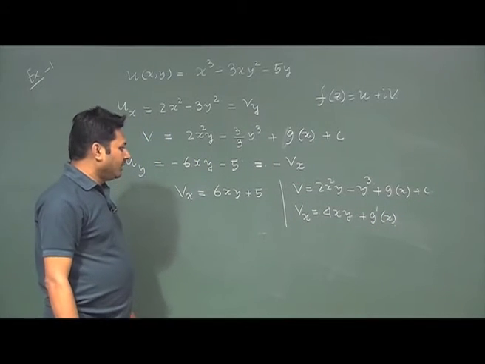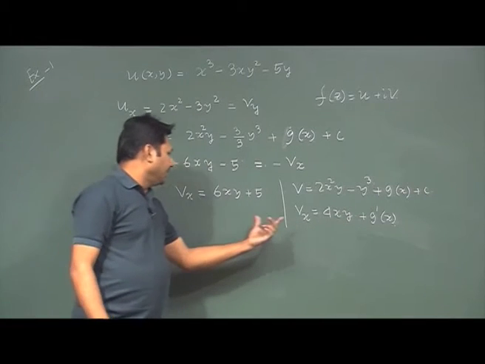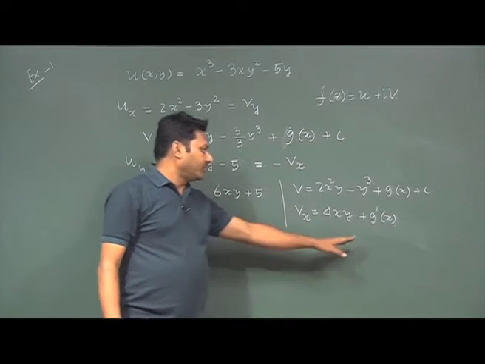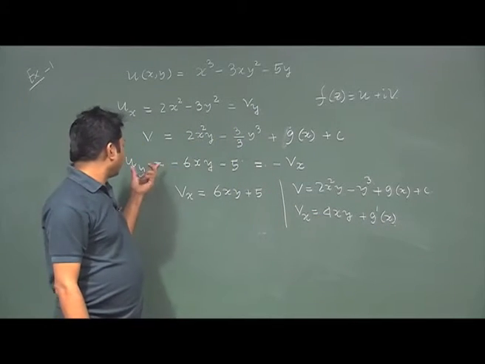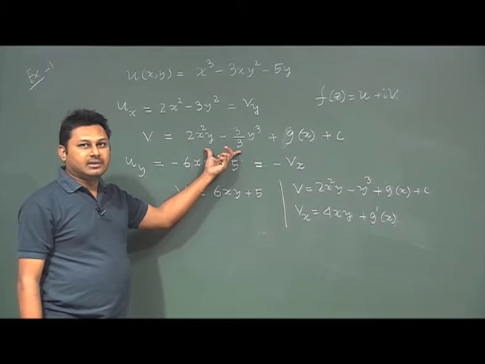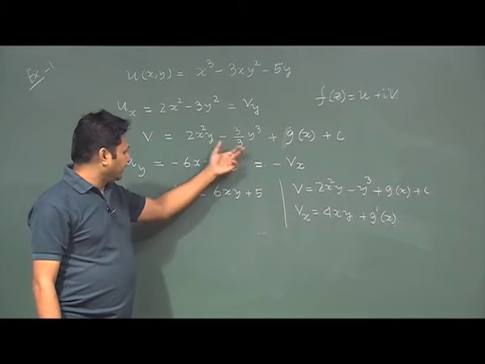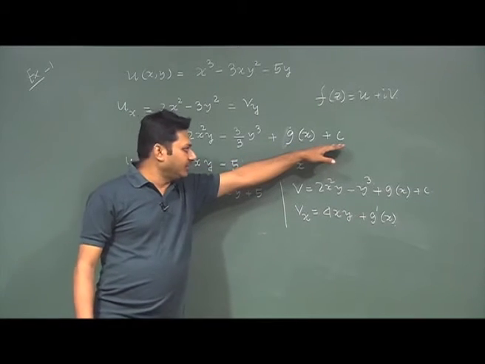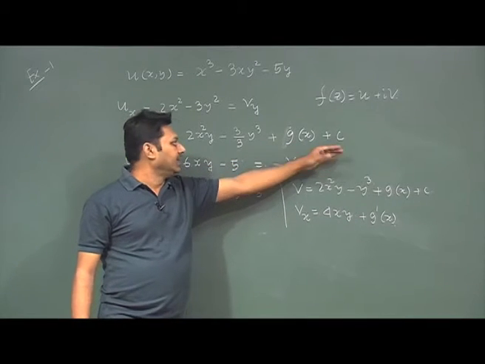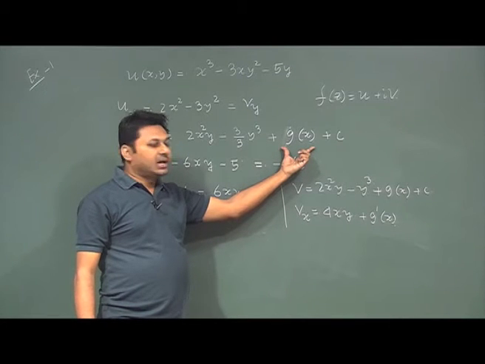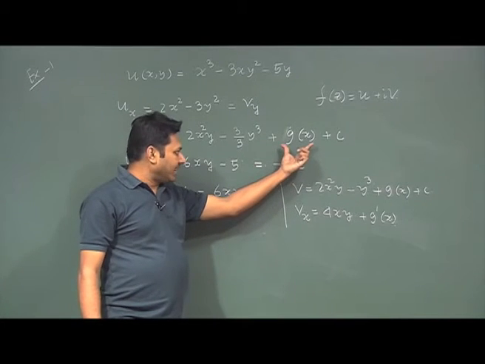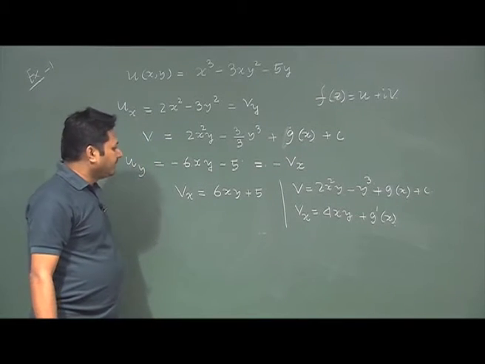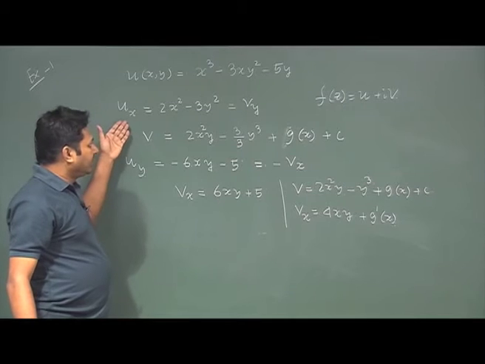Okay. So, I will have this quantity and this quantity, which is supposed to be the same. The goal is to find out g(x), because I already found what is my v here. So, v is an expression where I have some unknown quantity g(x) and some arbitrary constant c, but this function g I need to calculate, and when I try to calculate this, I need to use another set of equations. So, let me go back once again and check whether everything is correct or not.